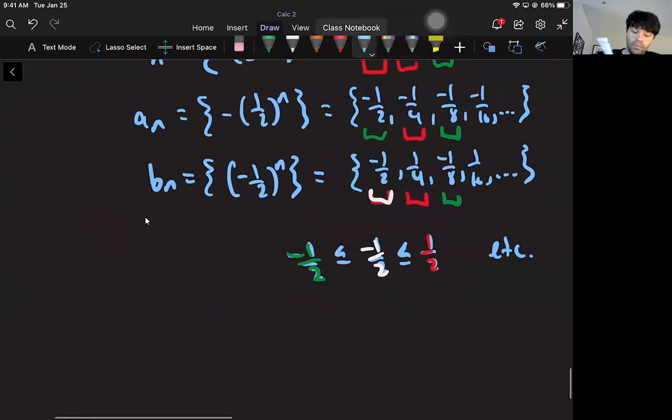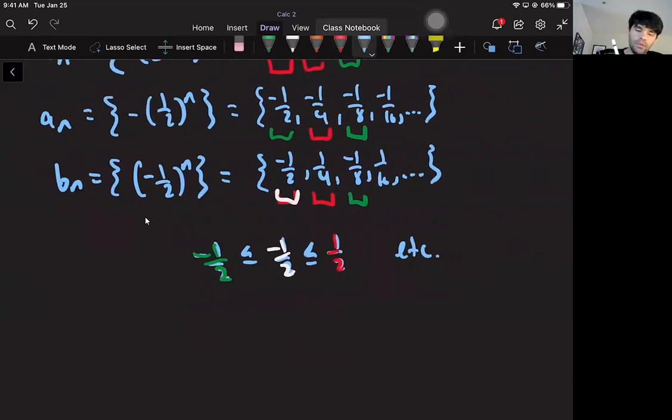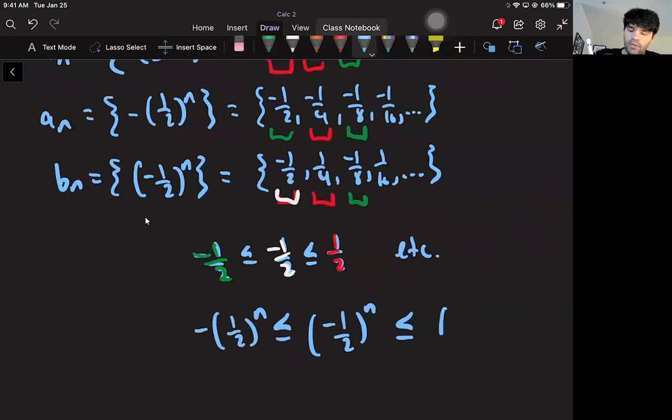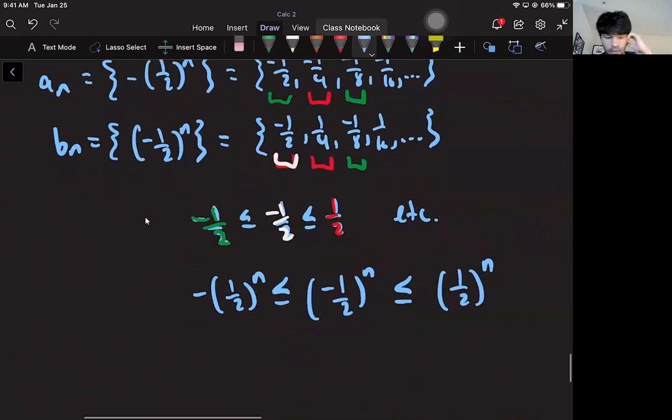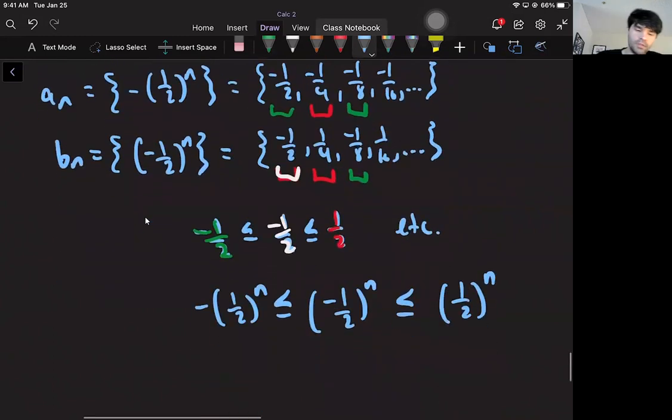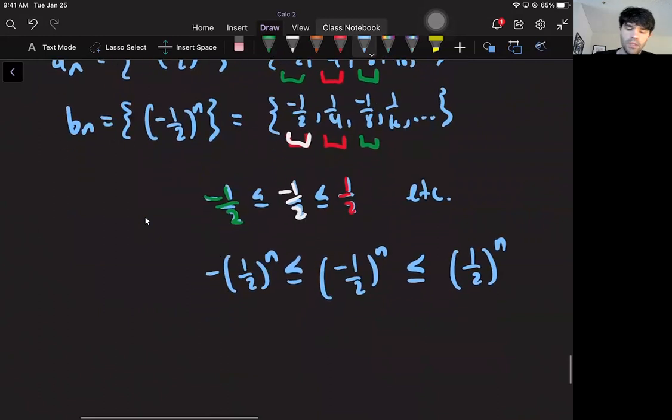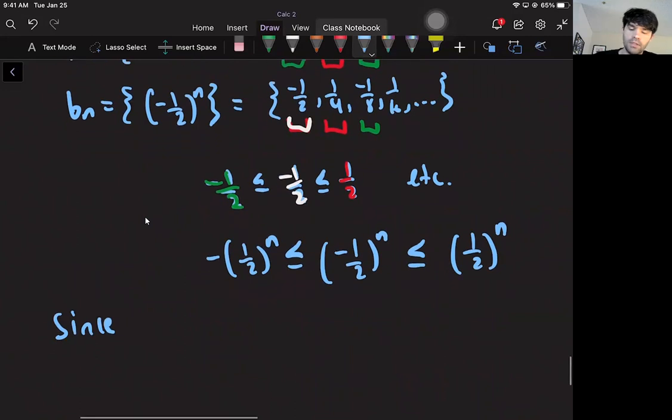So in general, you can definitely say that the negative being in the inside creates a sequence whose terms are squished between the terms where you take the negative on the outside and you don't have a negative. That's what's going on here. And so this is letting us use the squeeze theorem, and that's because we know the limits of the outsides now.